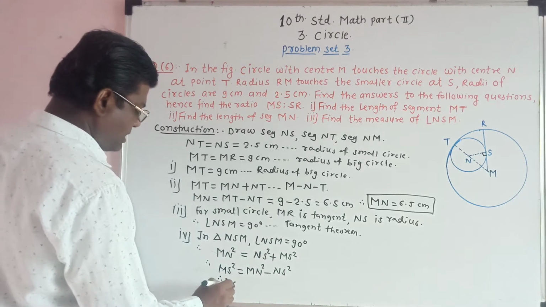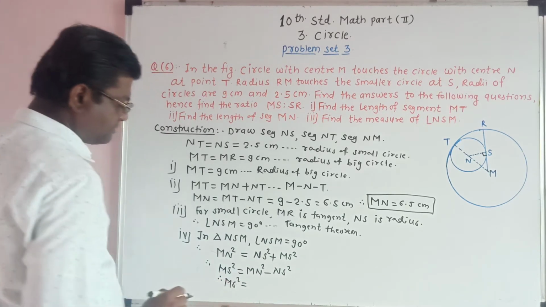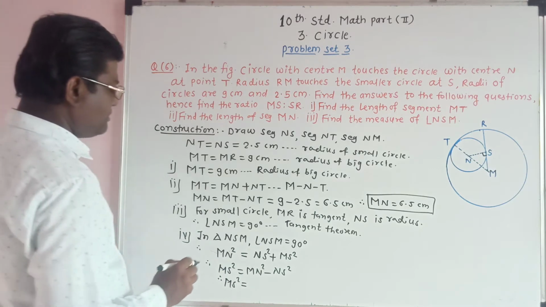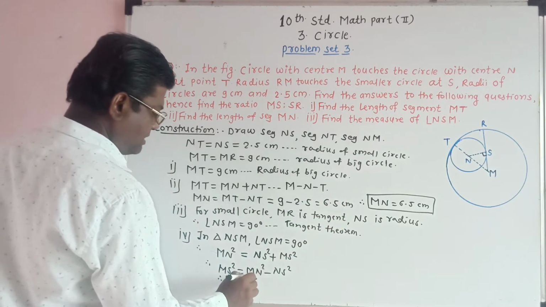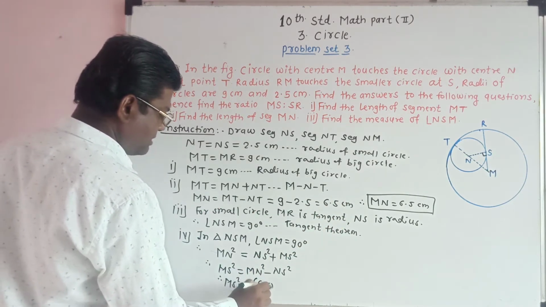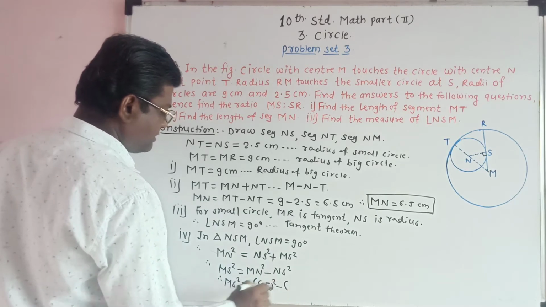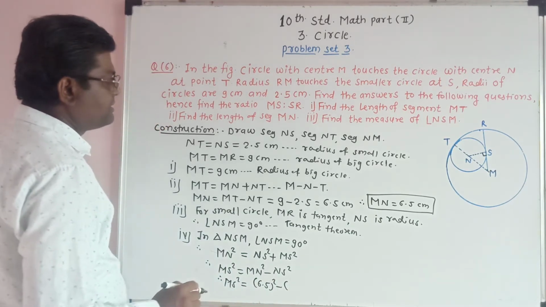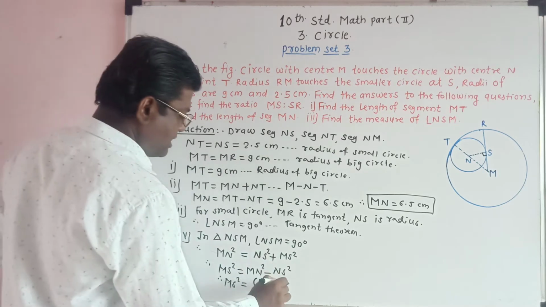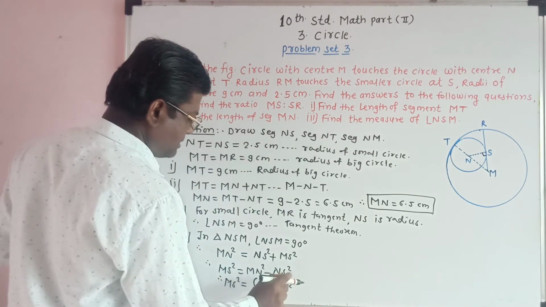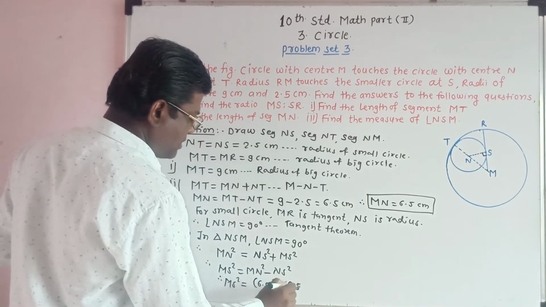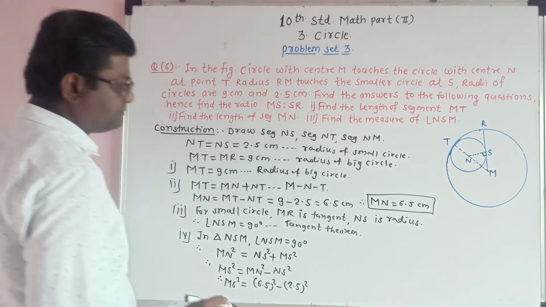What is value of MN? 6.5 square minus NS is a radius, and its value is 2.5 square.